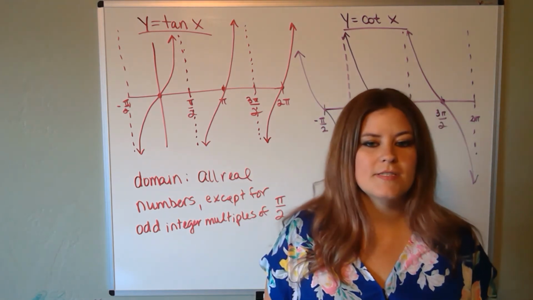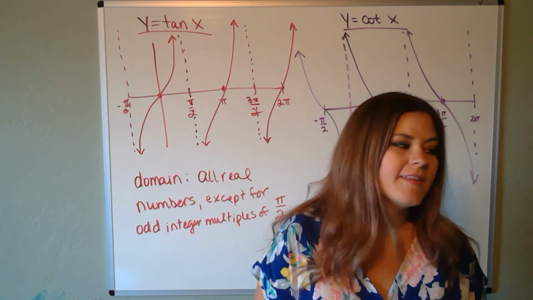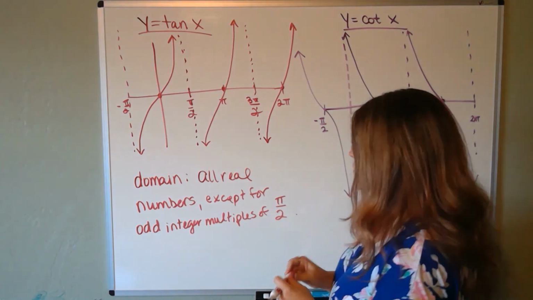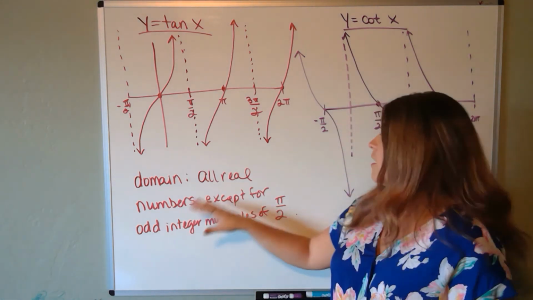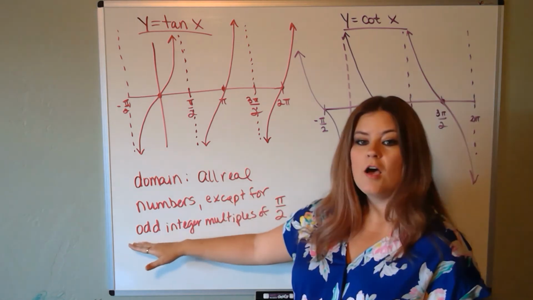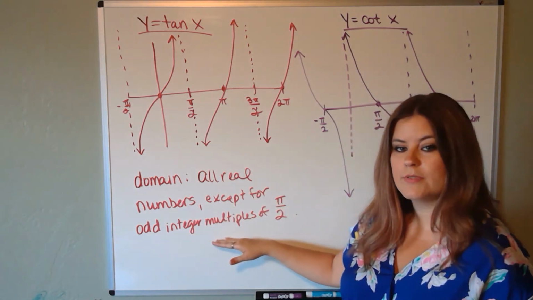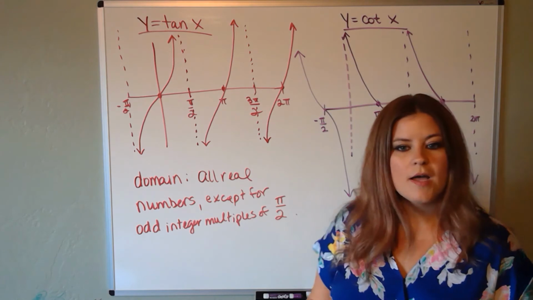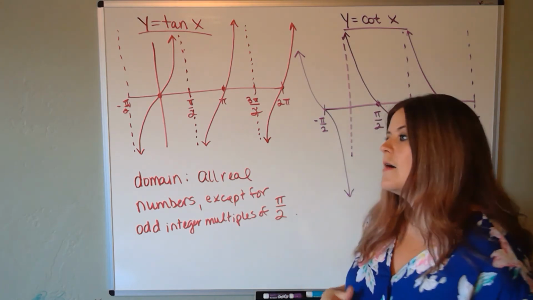Informally, I usually say the pi over 2's, and that makes sense to us. But in a more formal way, I say all real numbers except the odd integer multiples of pi over 2. So odd integer multiples. What's an integer?